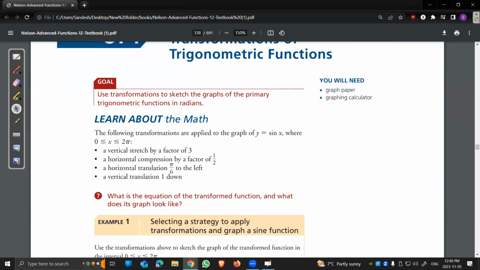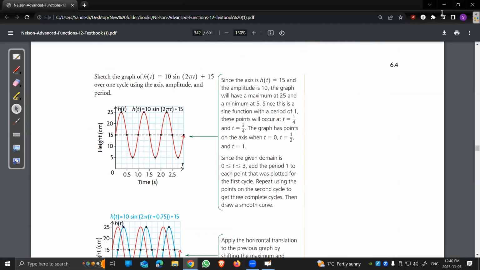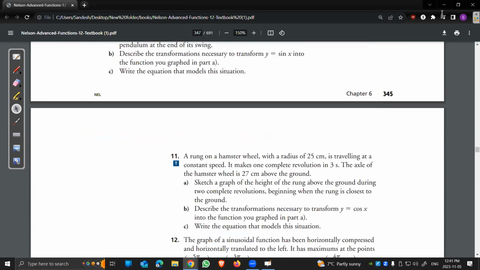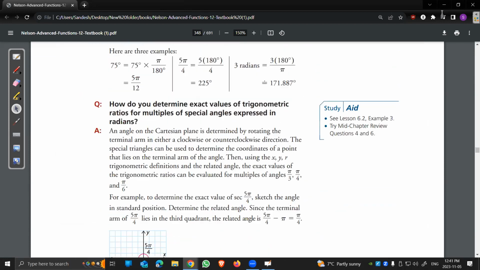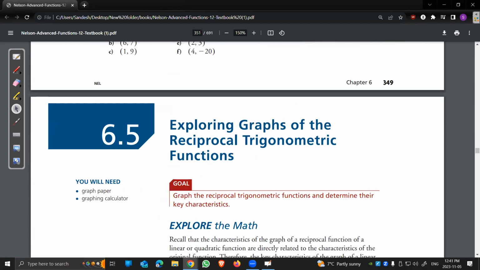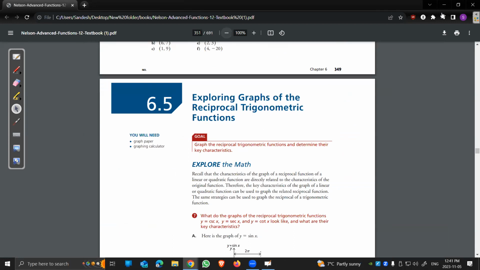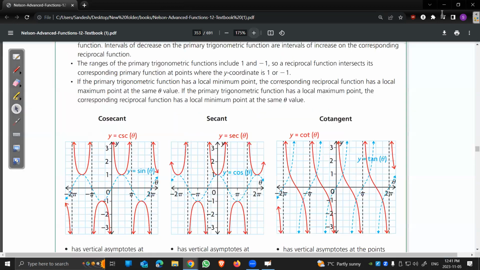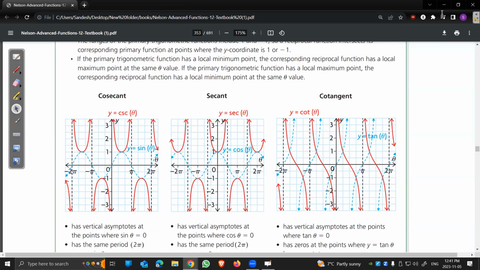I'm not going to do transformations right now. Let's see what comes after this. Reciprocal trig functions. Yeah, look at these graphs. We're not going to get into this, but cosecant is sine flipped upside down.